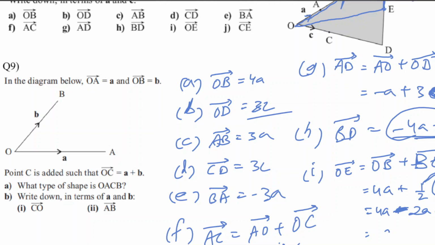So what is C to E? Do it by yourself. What will be CE? J part. CE will be equal to what?